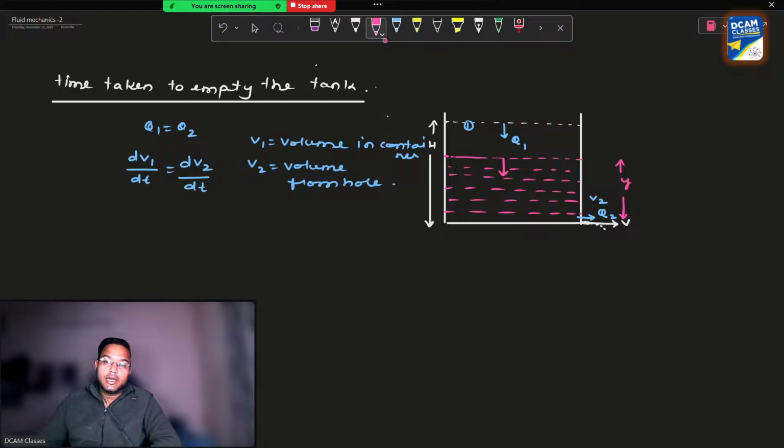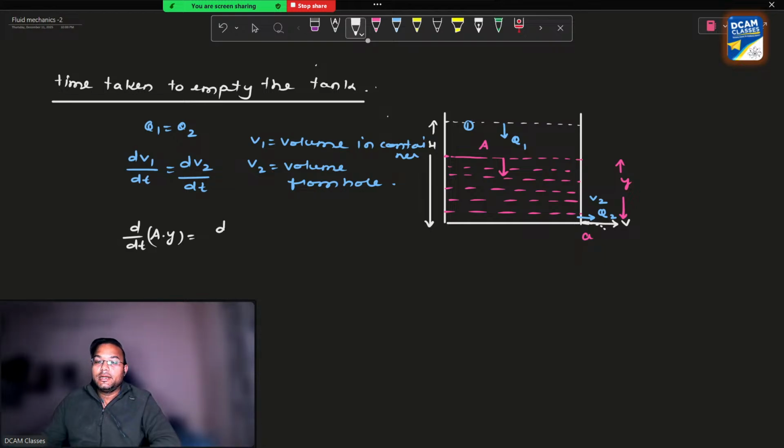So if I take the area of the cross section of this whole container as capital A and the area of this as small a, then what equation can I write? d by dt of A into y, because this is the volume of the water inside the container at this instant.